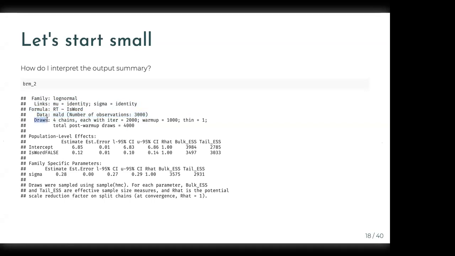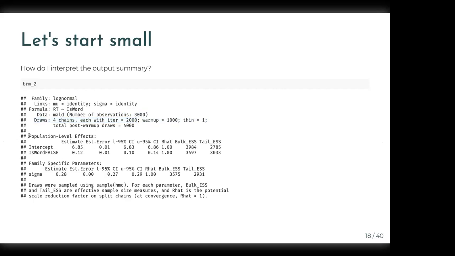And then you have information about the draws, about the MCMC stuff, basically. It says that it used 4 chains. Each chain had 2,000 iterations. Never mind the warm-up and total post-warm-up draws. It doesn't really matter, but this is just general information about the technical aspects of the model.